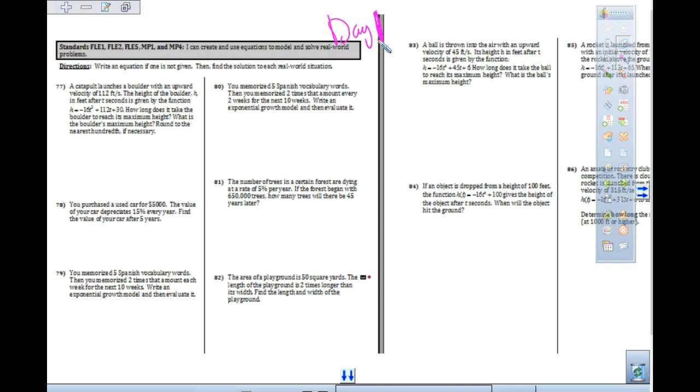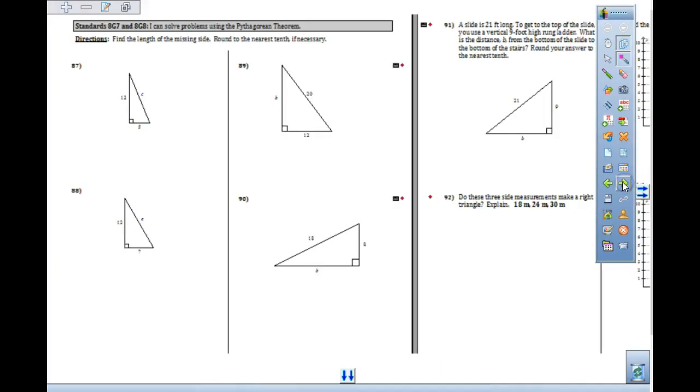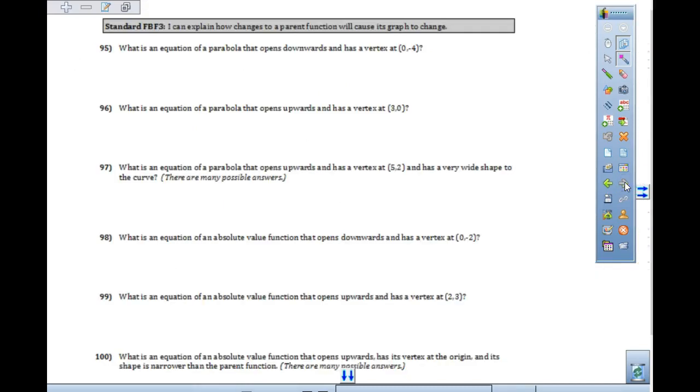This is where you have 2 quadratics and 2 exponentials. And then I believe the rest of it is day 2. That's your Pythagorean. And this is moving it up and down like we were just talking about. How does it change the vertex? That's also day 2. Okay? So this last one's day 2.